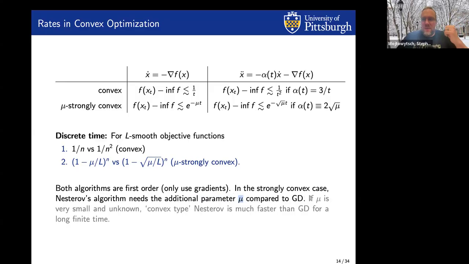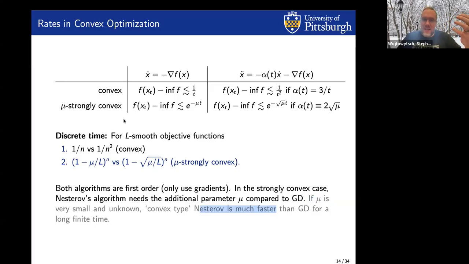But if mu is very small, which is kind of the typical case, if we have something that's very flat, then even treating it as a convex type, in general, for a long time at least, Nesterov's algorithm is going to still be an improvement, even if we just treat it as a convex instead of a strongly convex function.